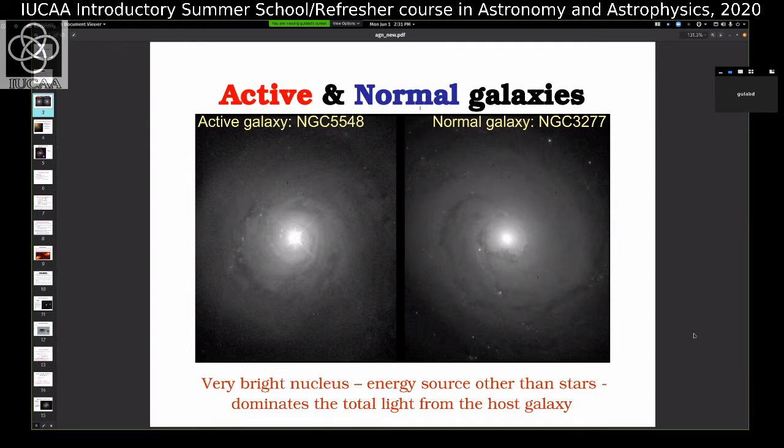In the case of a normal galaxy, as I mentioned initially, you will not see a point source, but if you increase the exposure time, then you will start seeing the normal galaxy, which may again be a spiral galaxy or elliptical galaxy or any other type of galaxy. So the active galaxies or active galactic nuclei are identified by the presence of a very bright point-like or star-like object at the center of a galaxy.